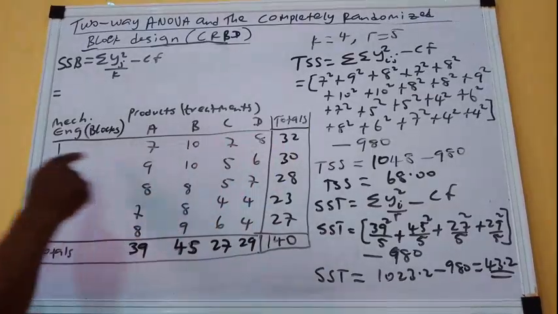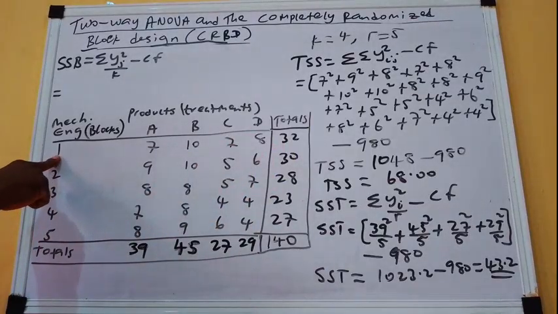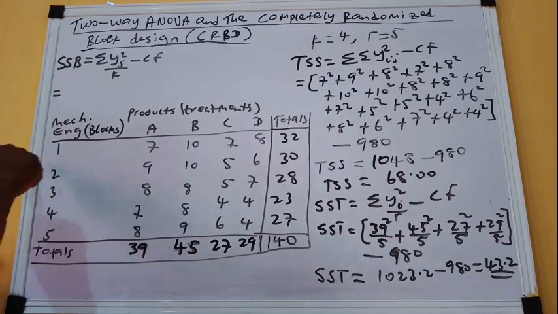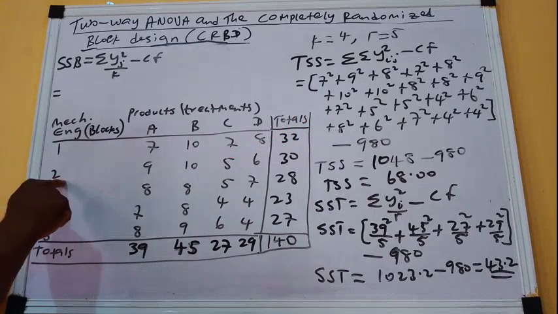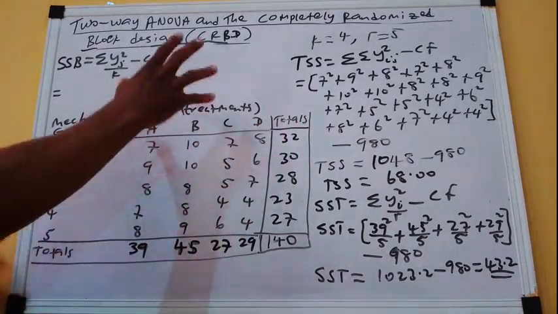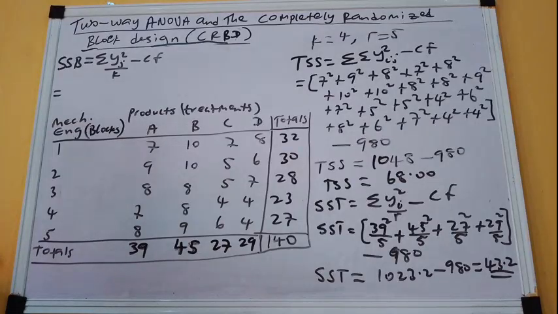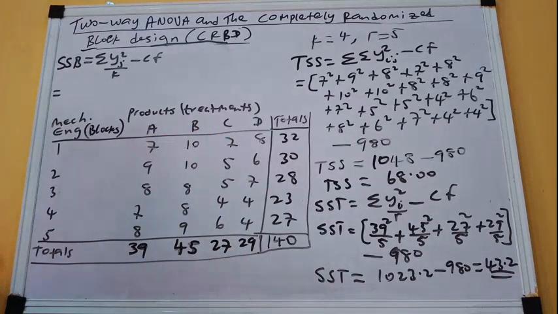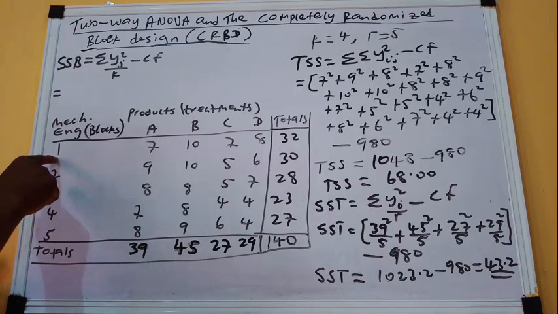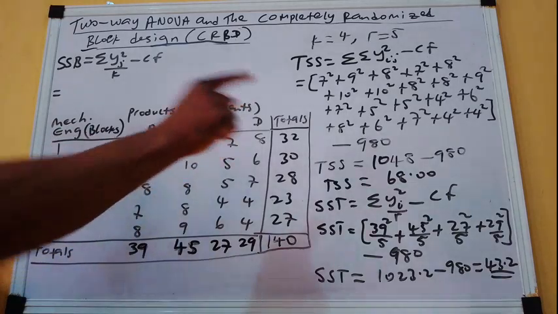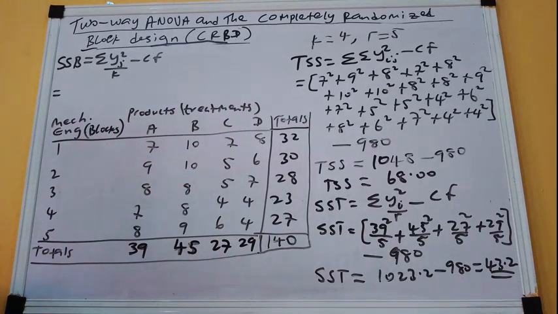Block 2 has the 4. So the first mechanical engineer judged the 4 products. The second mechanical engineer judged the 4 products on a scale of 10. You can see no score here is more than 10. They judge the product based on their quality on a scale of 10. So each mechanical engineer, which is the block, has the 4 treatments.